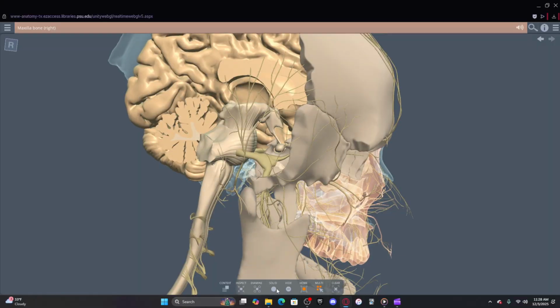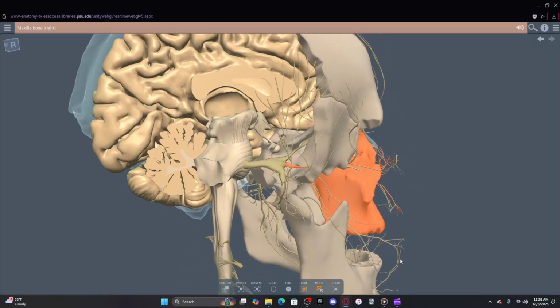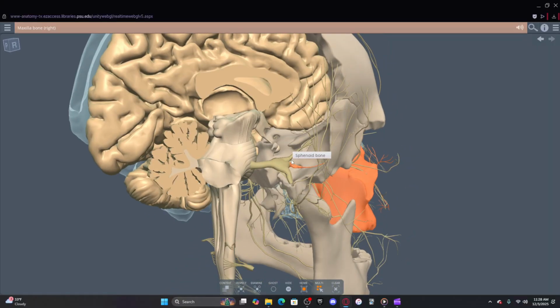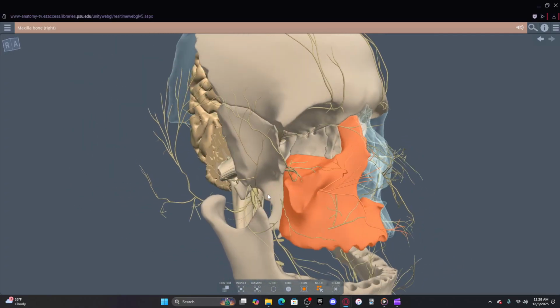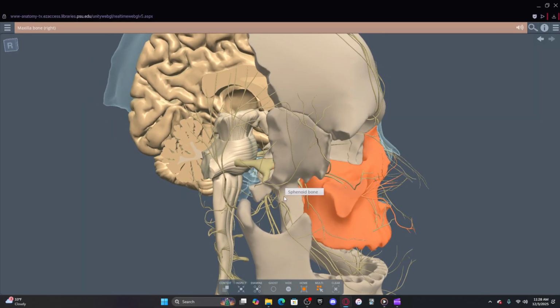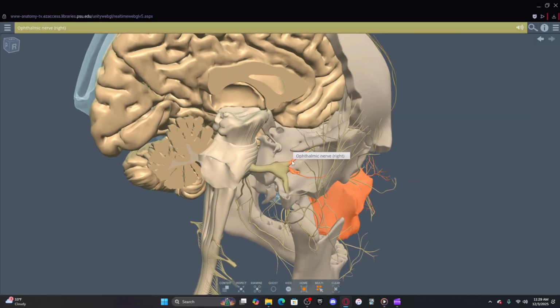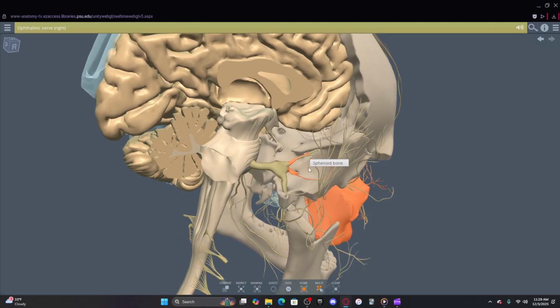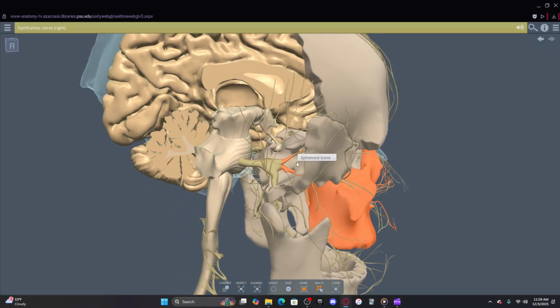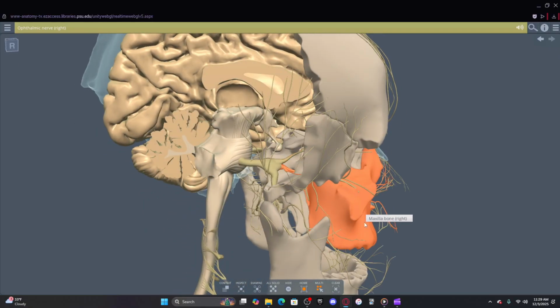Right, so that's just the major portion that we need to worry about. So just remember, maxillary goes through foramen rotundum and enters out the infraorbital foramen. And then we have ophthalmic enters the superior orbital fissure and enters the orbit. That's cranial nerve number 5.